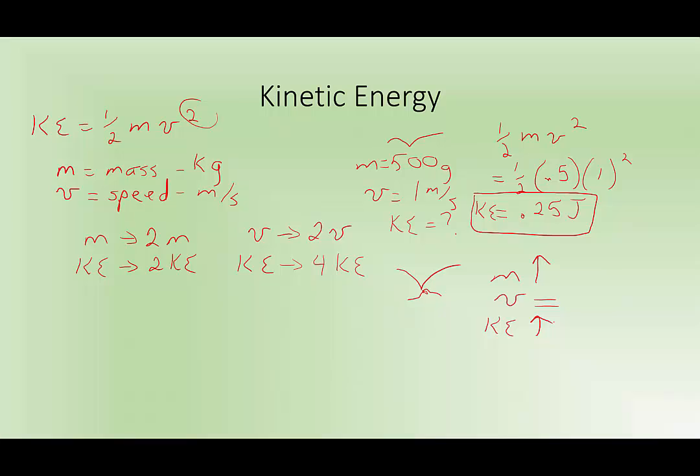If he then drops the worm, and he's back to just being himself, the mass goes back down. The speed will stay the same. The kinetic energy goes back down. So keeping in mind that in the equation the speed is squared, if you always keep that in mind, then you will not get confused as to the impact of a changing speed on the kinetic energy of your system or your object.